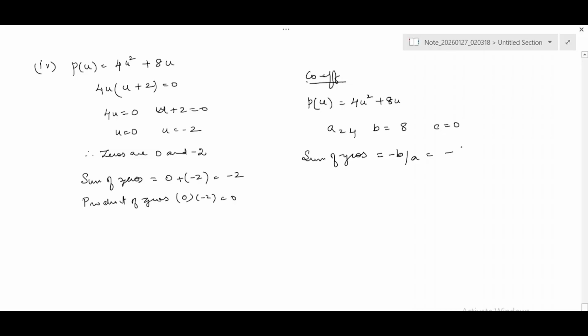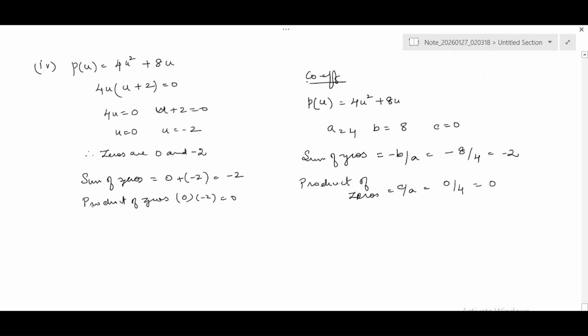Minus b by a will be minus 8 by 4, that is minus 2. Product of zeros will be c by a. So c is 0, 0 by 4, that is 0.